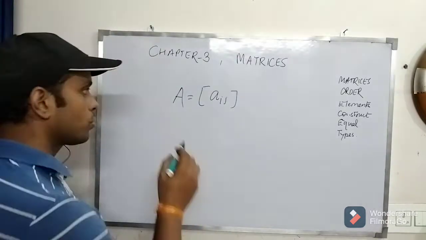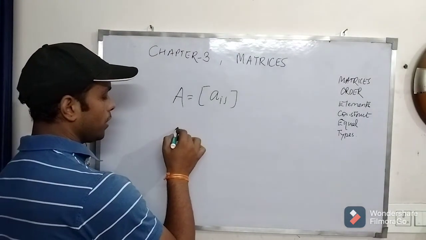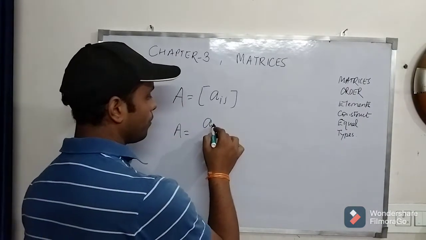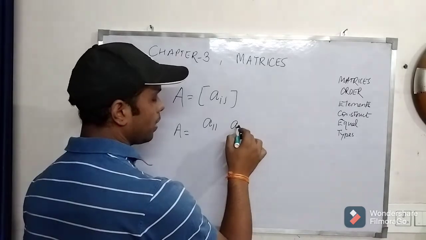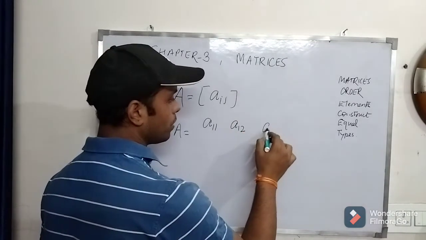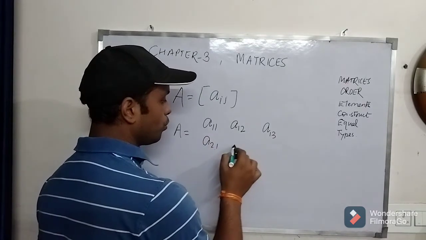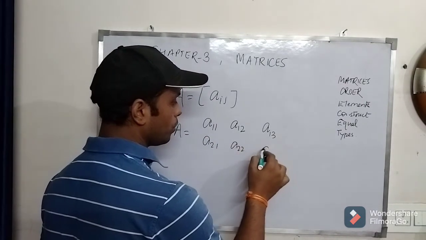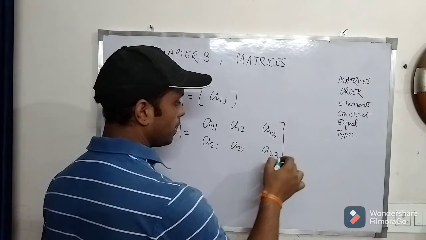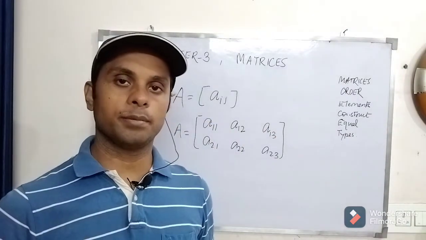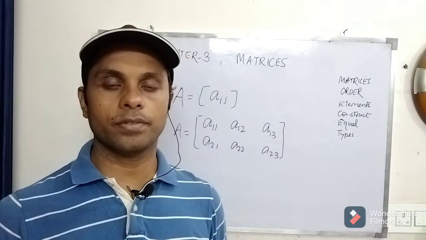Okay, so suppose I write a matrix A equals a11, a12, a13, a21, a22, a23. Okay friends, so look, there are 6 elements and they are arranged in the form of rows and columns.